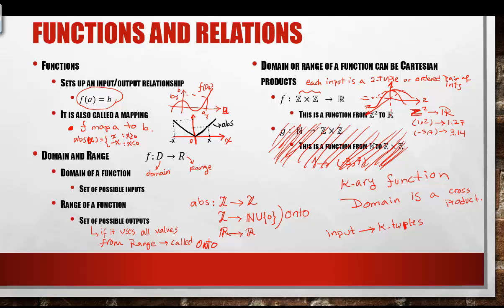input values its arguments. For example, the addition is a binary function. So a plus b is actually add a comma b. So this is a binary function.